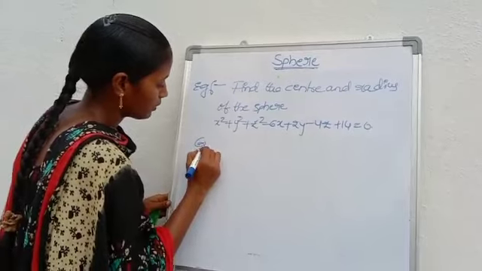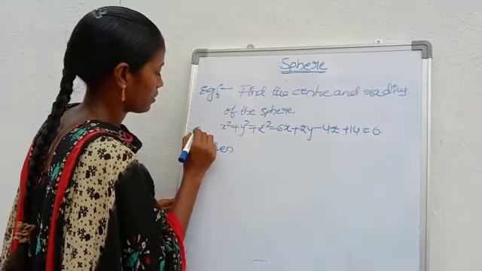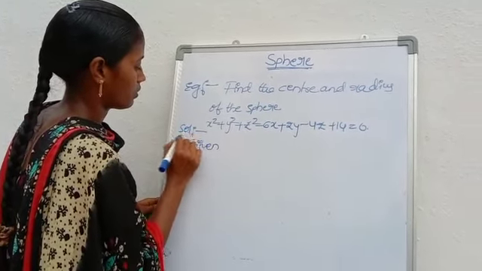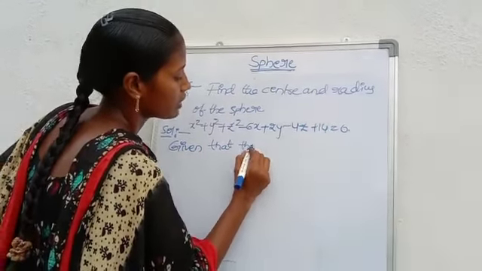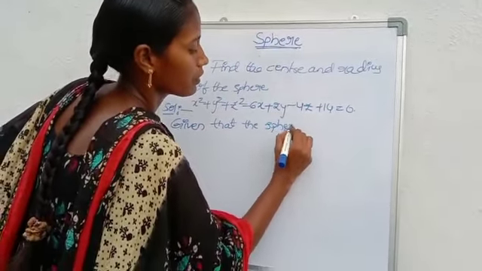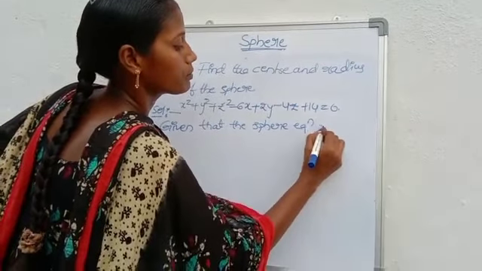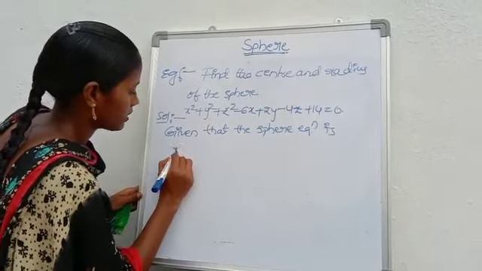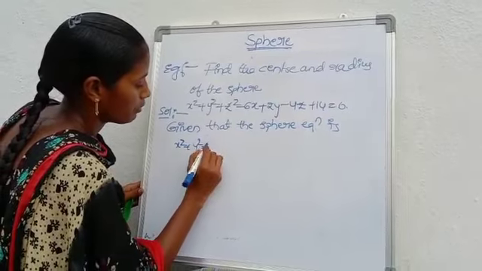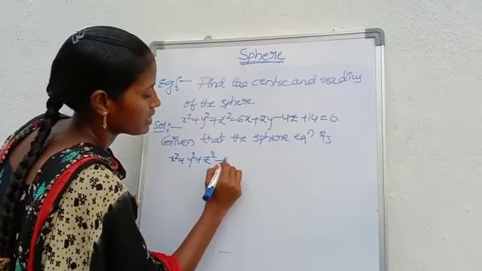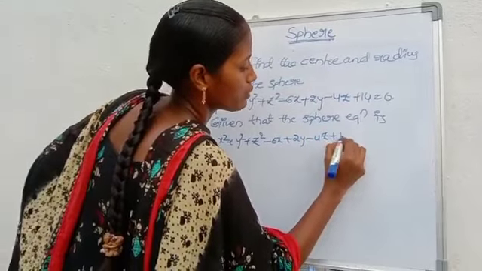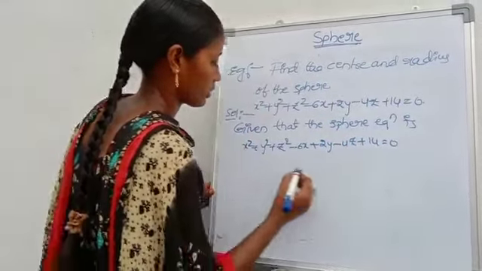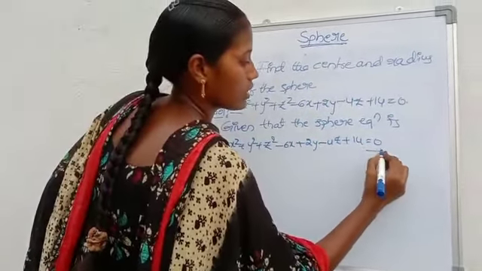Given that the sphere equation is x square plus y square plus z square minus 6x plus 2y minus 4z plus 14 equals 0. This is equation 1.